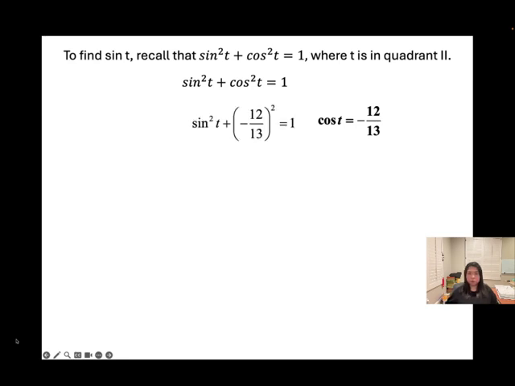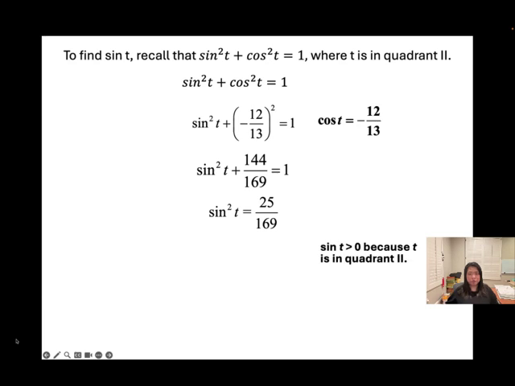Okay, check your work. You should get sine squared T equal to 25 over 169. Take the square root, and since T is in quadrant 2, sine is positive. So you get sine T equal to 5 over 13.